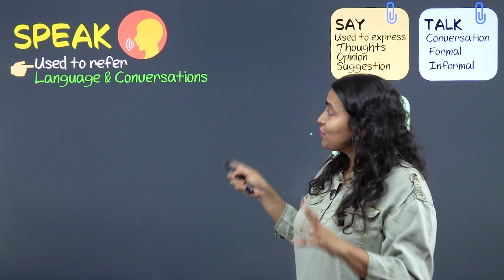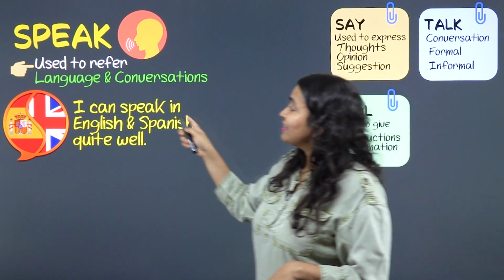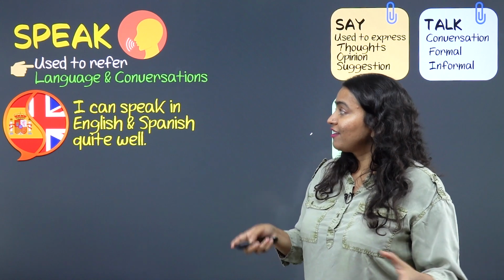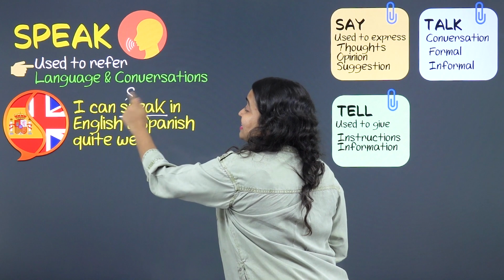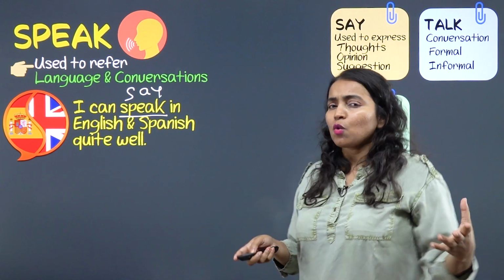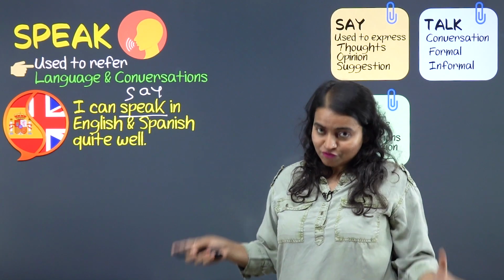Okay, now if you notice, in a sentence you can say, I can speak in English and Spanish quite well. Okay, now I cannot say I can say in English. That's wrong English, right? Because a lot of people say, you know what, I can say in English very well. No, you can speak in English very well.